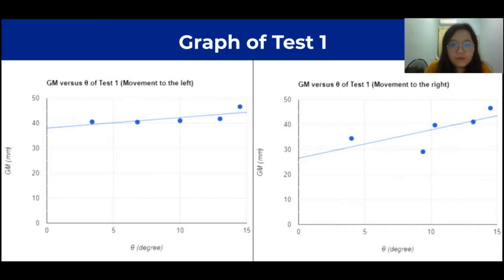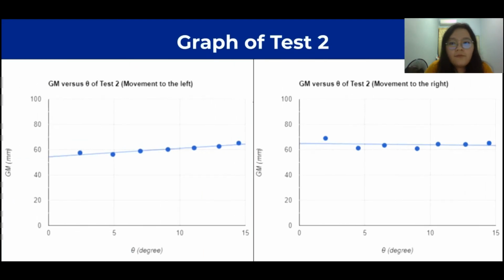When theta is equal to 0, the GM value for movement to the right is 26.554 millimeters, while for the movement to the left is 38.02 millimeters.